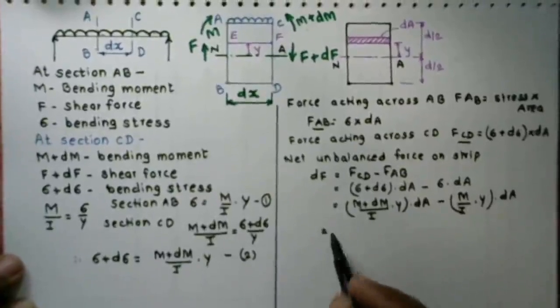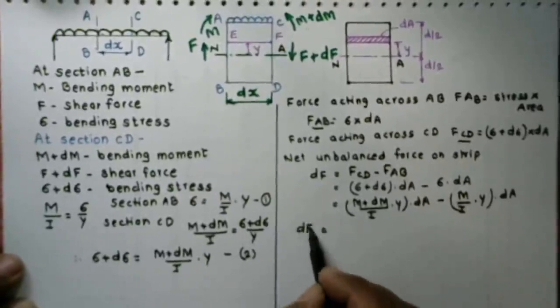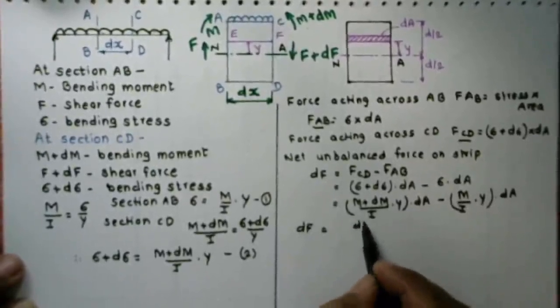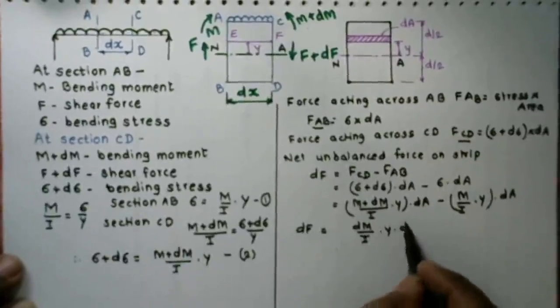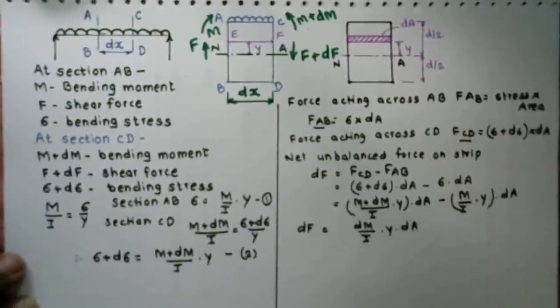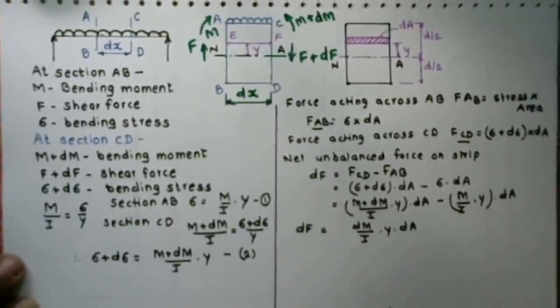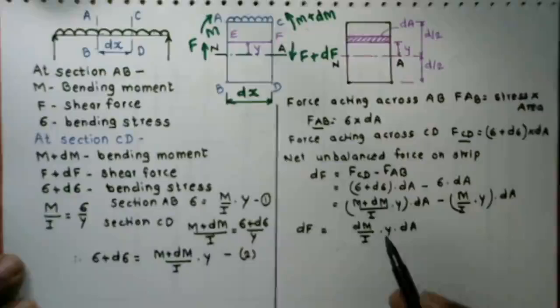After solving this, dF is equal to dM upon I into y into dA, which is the unbalanced force acting on the strip EF.